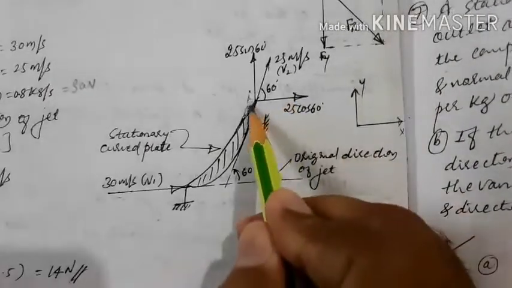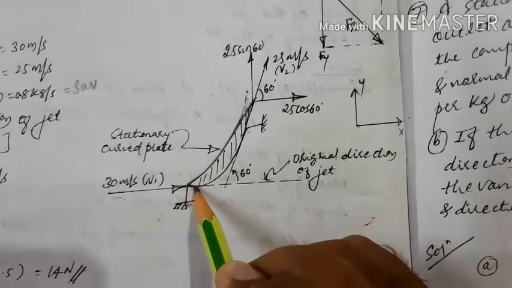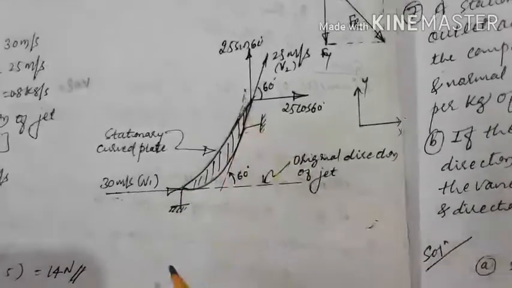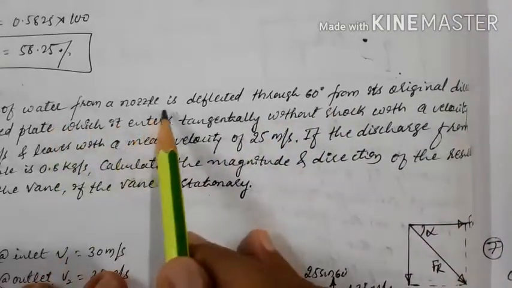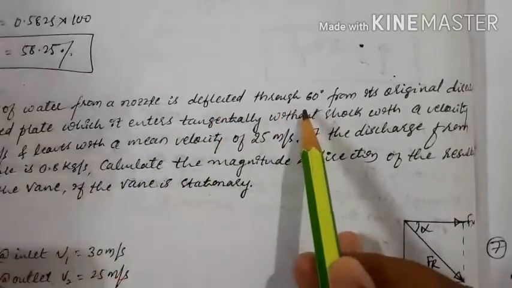So this is the curved vane given like this, and here what is being given, from the nozzle, the jet of water is deflected through an angle of 60 degree.